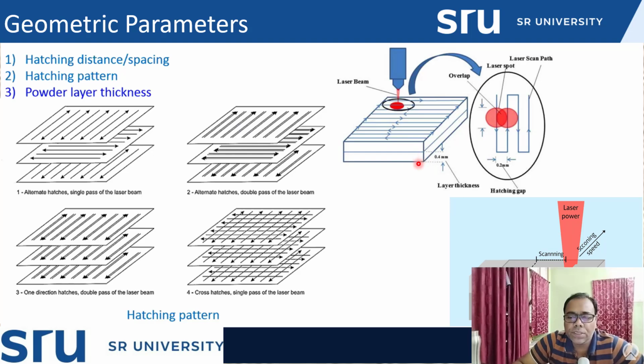This is the one layer thickness. 0.4 mm is the one layer thickness for the previously printed layers, so this is called the layer thickness. Similarly, the hatching gap is nothing but the distance from here to here. In this case, 0.2 mm hatching distance will be there.